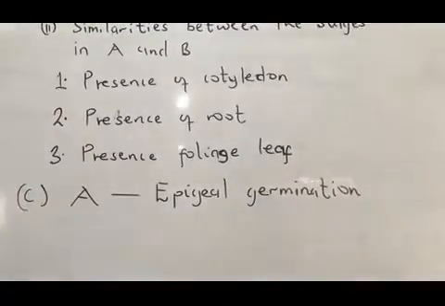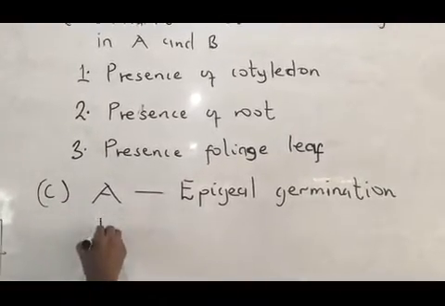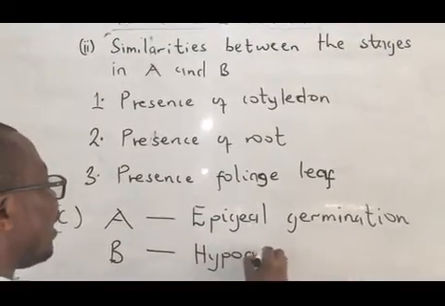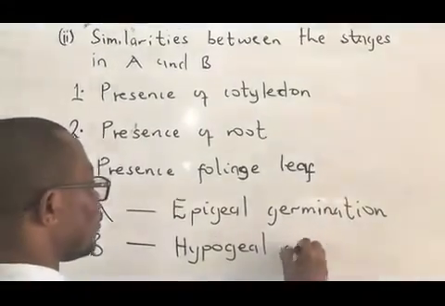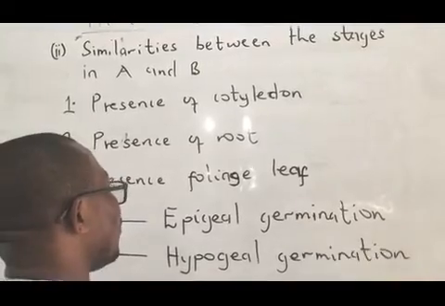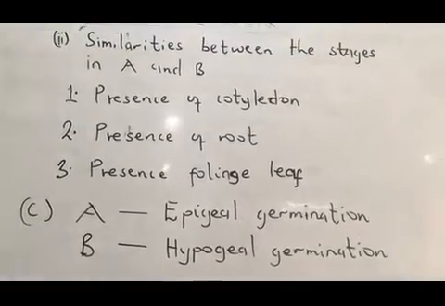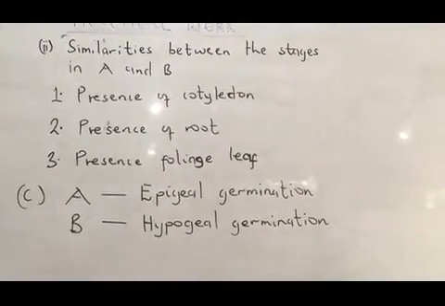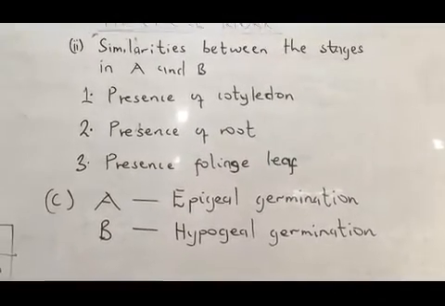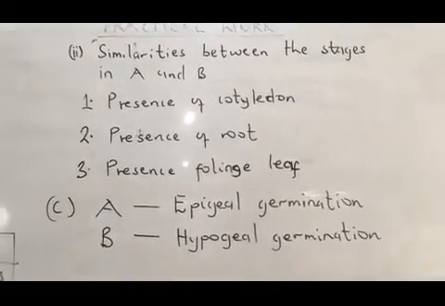I'm saying it's epigeal germination because in A, the cotyledon appears above the soil level. And for B, it is called hypogeal germination. It is hypogeal germination because the cotyledon remains below the soil level. So these are the types of germination.